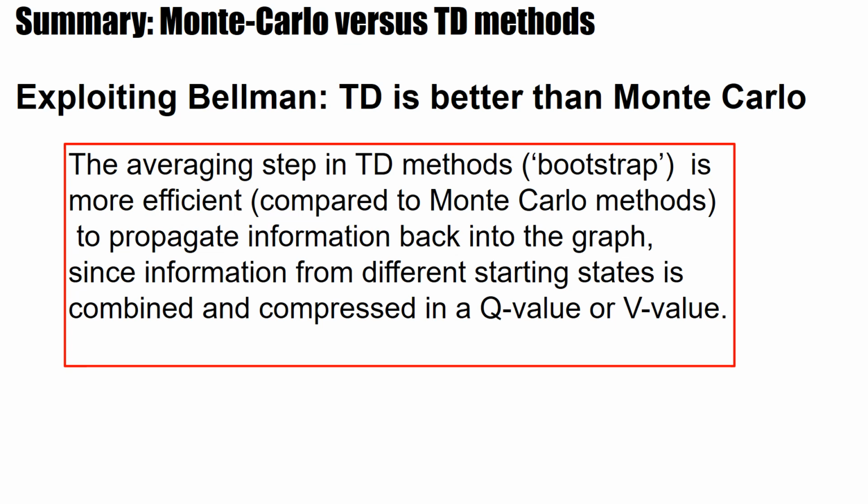To sum this up, temporal difference methods are better than Monte Carlo, and the trick is that the averaging step in TD methods, this bootstrap idea, is more efficient to propagate information back into the graph far away from the terminal states, since information from different starting states is combined and compressed in a Q value for each state action pair or a V value for each state.